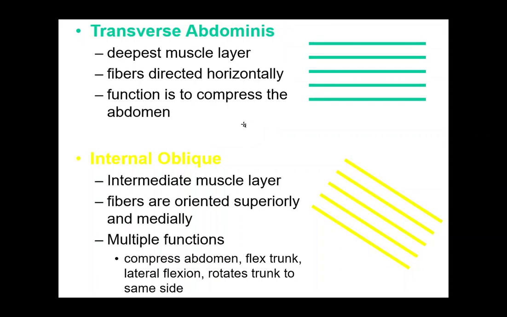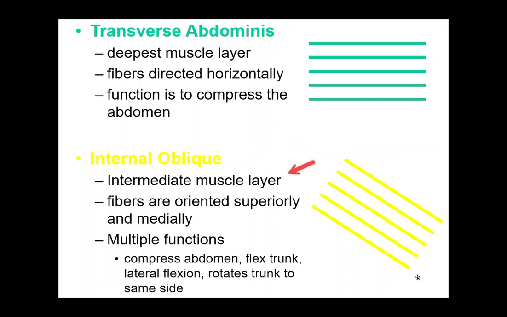So we have the transverse abdominis, deepest muscle layer. Let me get an arrow. The fibers are directed horizontally, and the function is to compress the abdomen. Next, we have the internal obliques. They're the intermediate layer.